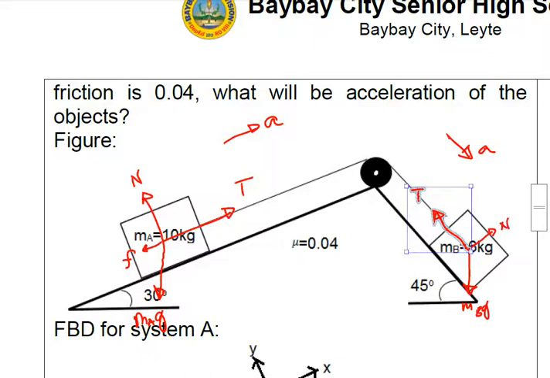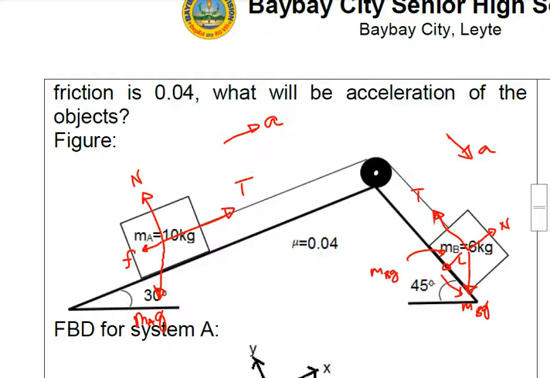And then what else? The components, of course. You have the components here. Anyways, it will be found. So you have here the component of m_B g.